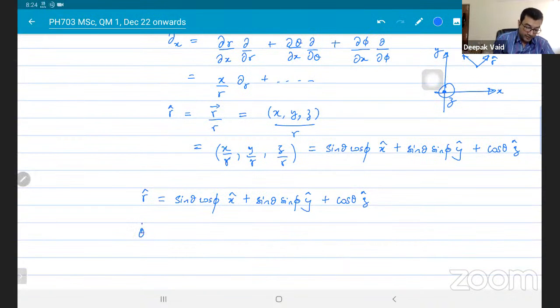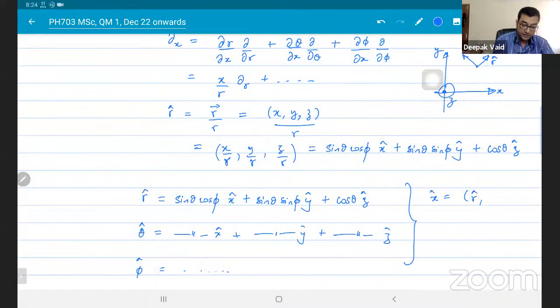Similarly, you can write θ̂ as something times x̂, something times ŷ, something times ẑ, and the same thing for φ̂. Then you can invert these relationships to write x̂ as a function of r̂, θ̂, and φ̂, and likewise for ŷ and ẑ. So these are some functions f, g, h of these unit vectors.